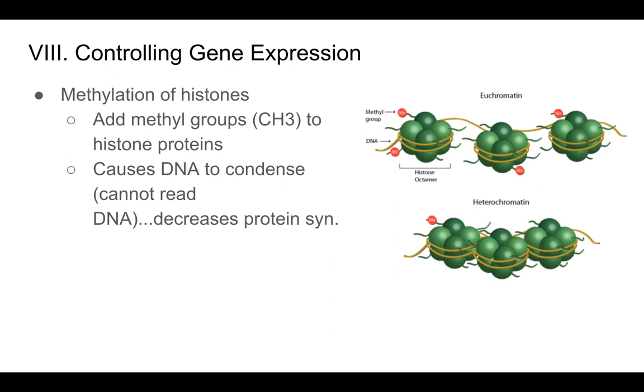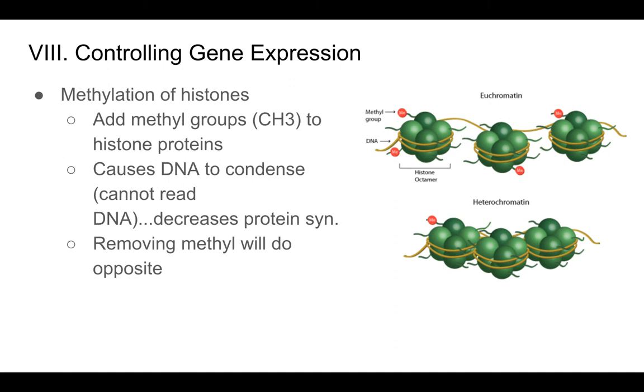You can't transcribe it, which ultimately decreases protein synthesis. If I remove those methyl groups, the DNA opens back up. So adding and removing methyl groups to histone proteins can either condense the DNA and make it difficult to read, or open up the DNA and make it easier to read.